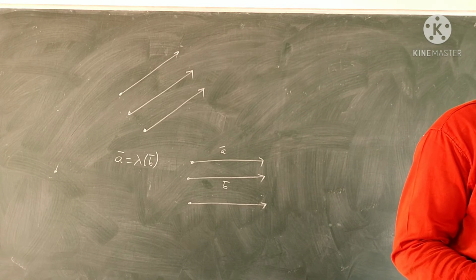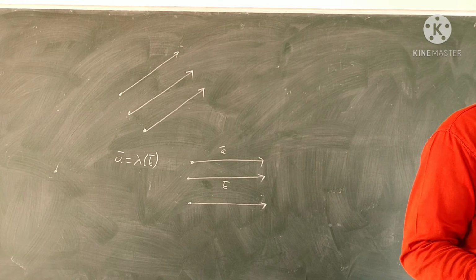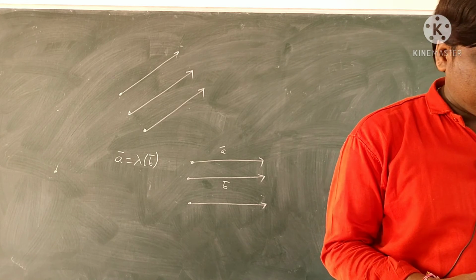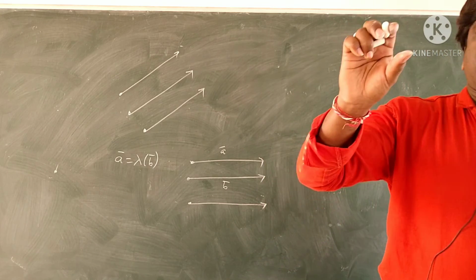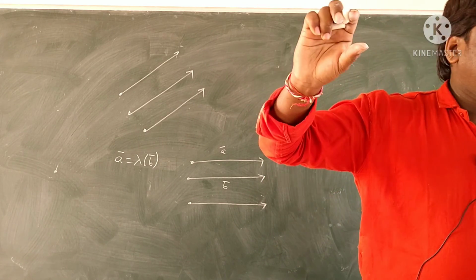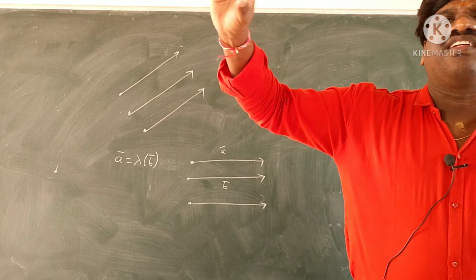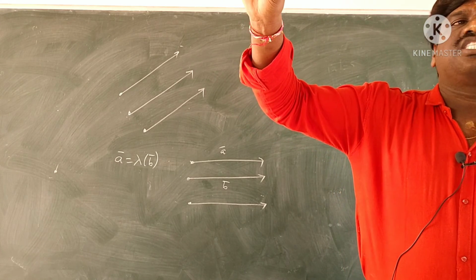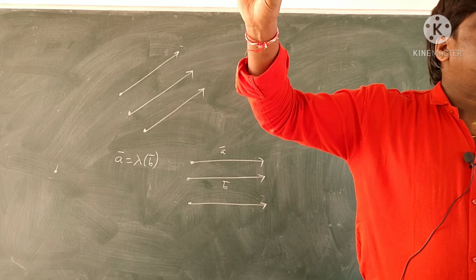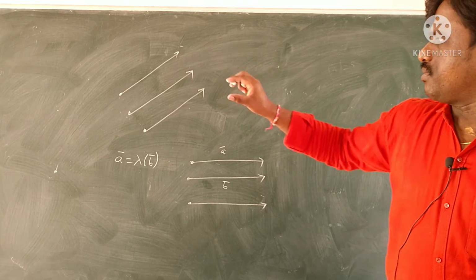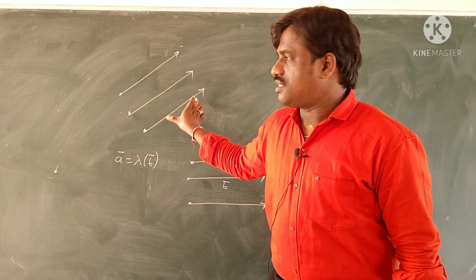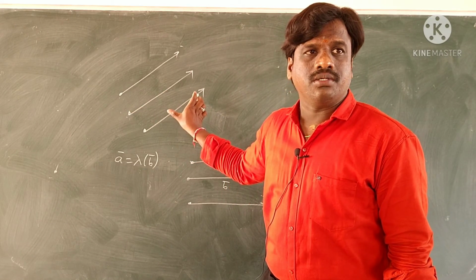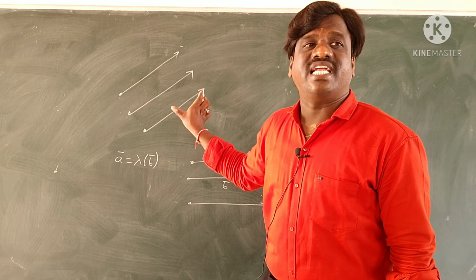Next, free vector. If a vector can be translated anywhere in space without changing its magnitude and direction, then such vectors are called free vectors. Suppose this vector is here, I am moving it, not changing the magnitude and not changing the direction.